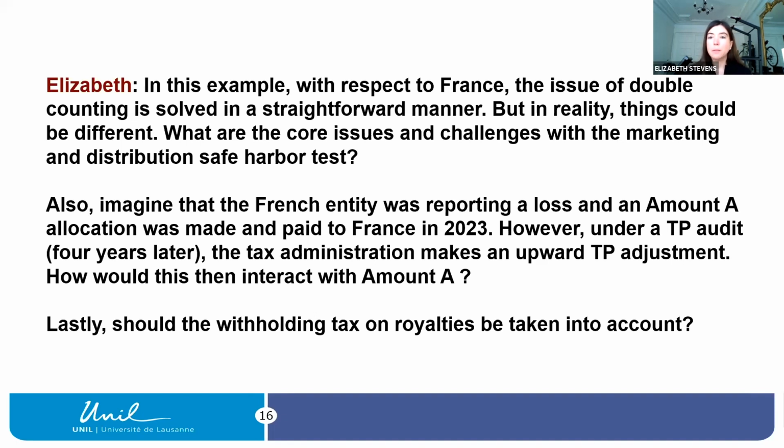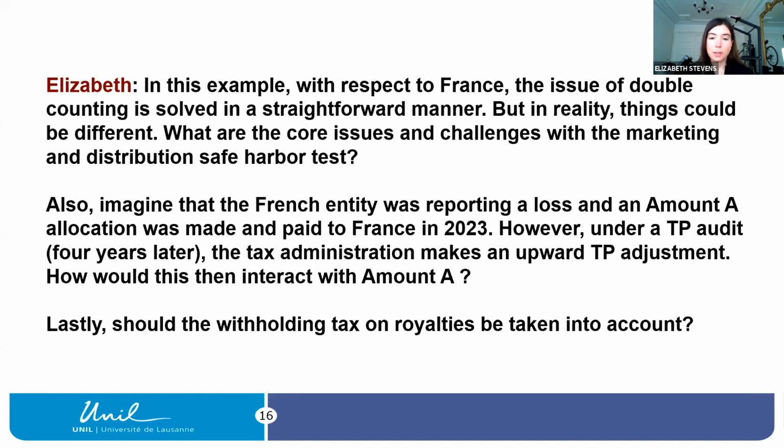There's no mechanic in the blueprint for going back and revisiting an AmountA allocation. And this is an inherent difficulty. Norman said earlier that we are layering the AmountA system on top of the existing arm's length profit allocation system, but there are all these interactions between them. And I think that better coordination needs to be had between those two systems.